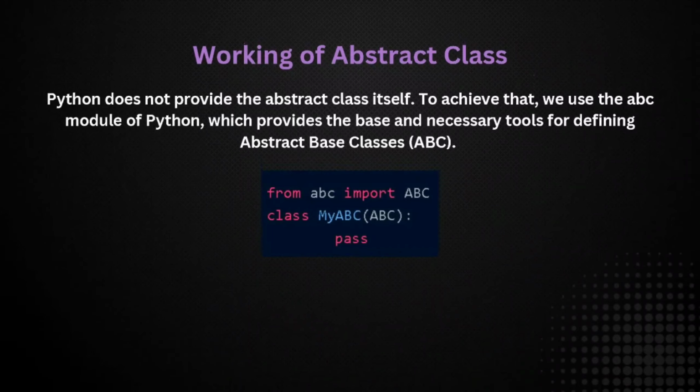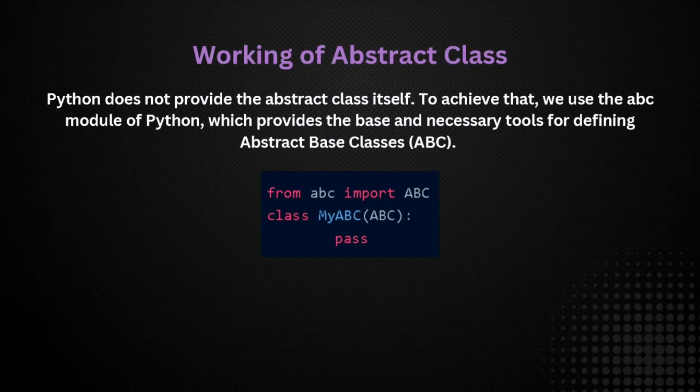Now how do we create it? Python does not support abstract classes by itself. One thing to note is that method overloading and abstraction are not directly supported by Python. So to achieve that, we use the ABC module of Python, which provides the base and the necessary tools for defining abstract base classes. To define an abstract class, you have to do two things.